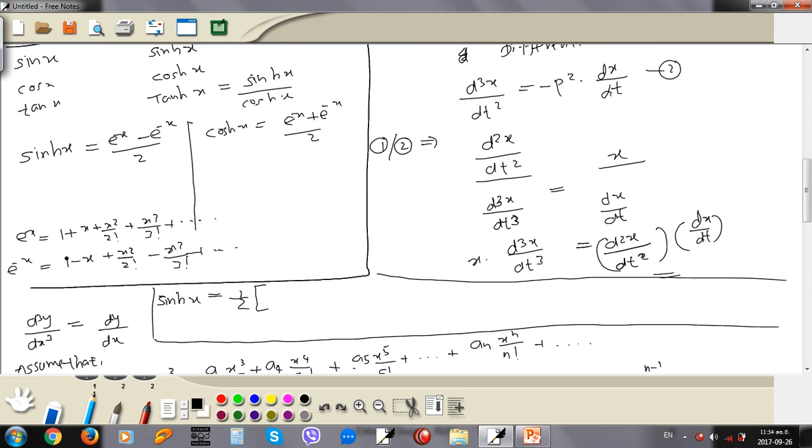If we subtract these, 1 and 1 cancel, and x and x create 2x.